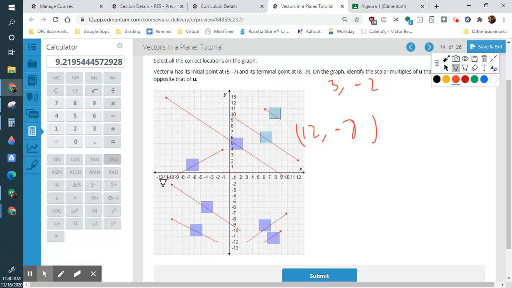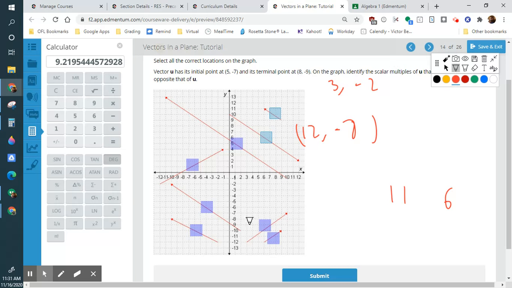We're starting off at negative 2, and we're going up to 4. So that means we're going to go up 6. And if we're starting at negative 12 and we're stopping at negative 1, that means it's 11. So that can't be an answer because they don't have the same ratios.